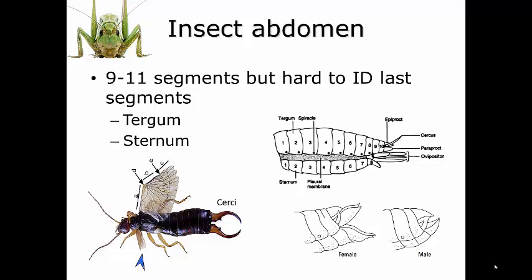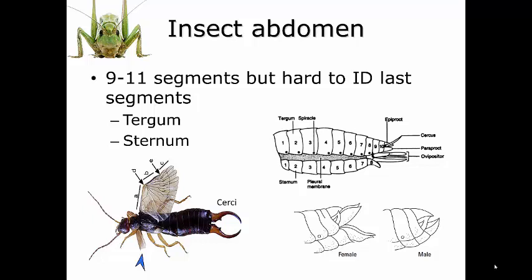Remember, this is an arthropod, so it has this external body segmentation. If you remember, the thorax has those three major body segments, the prothoracic, the mesothoracic, and the metathoracic. The abdomen, however, has somewhere between 9 and 11 segments on average.